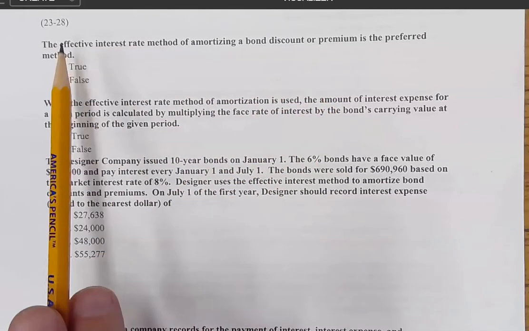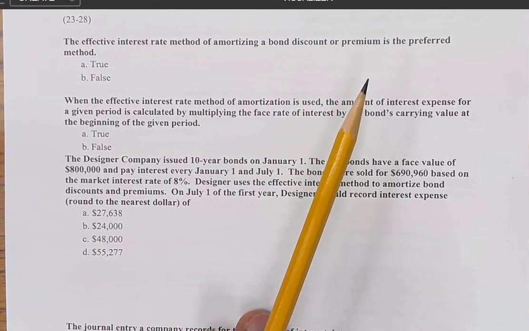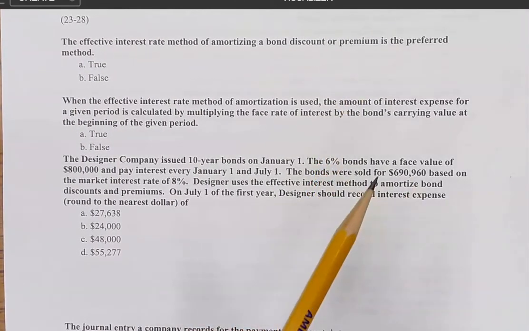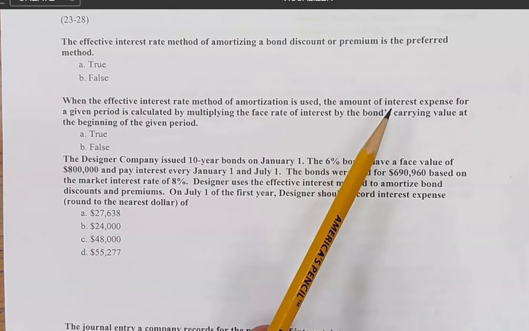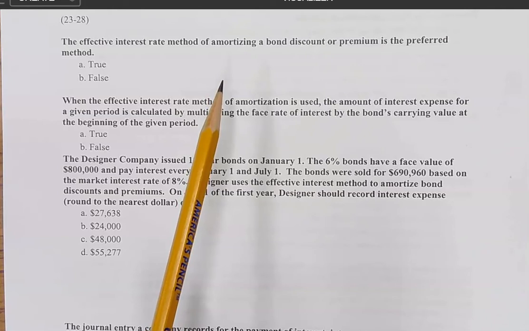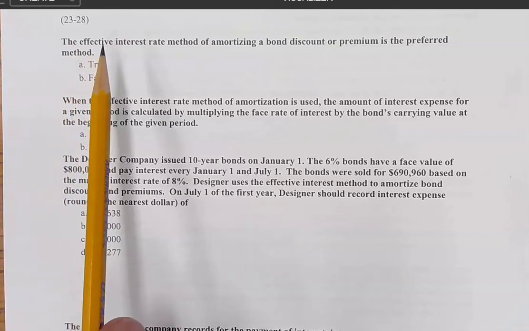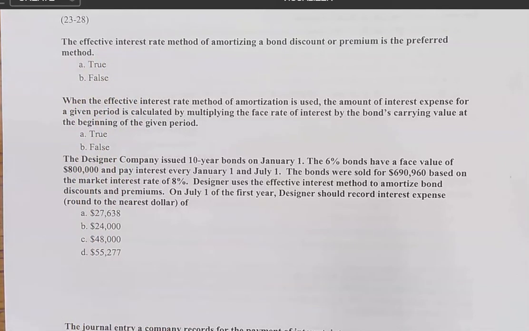So it says here, the effective interest rate method of amortizing a bond discount or premium is the preferred method. Okay, so there are two methods by which we can amortize a bond discount or a bond premium, and that is the straight line method and the effective interest rate method.